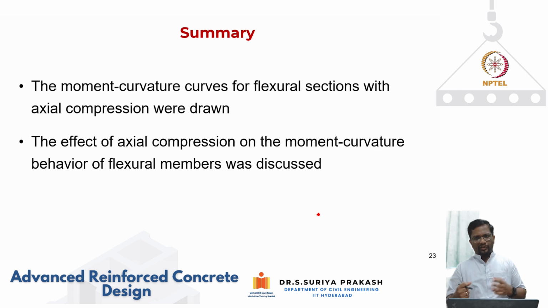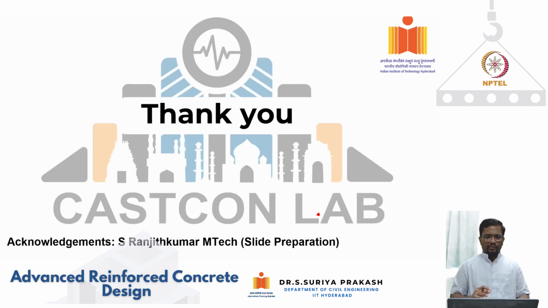For a singly reinforced section, we saw in the previous module that the more steel you put, the more moment capacity you get, up to the balanced condition. Similarly, you can keep on increasing P and you'll get more moment capacity until the section becomes compression controlled or balanced. After that, it is not going to help. In fact, putting more axial compression will be detrimental. So thank you. I will continue the discussion in the next module.